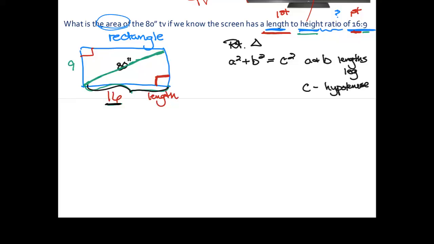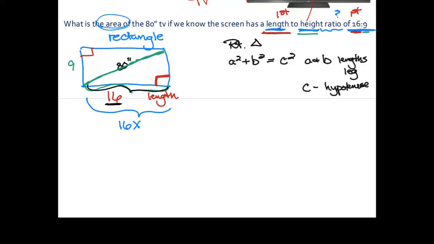Do we know which multiple? No. But I know it's got to be 16 times something. So how could I represent this side? Couldn't I say 16 times x? Yes, 16 times x, because we don't know what multiple it is.